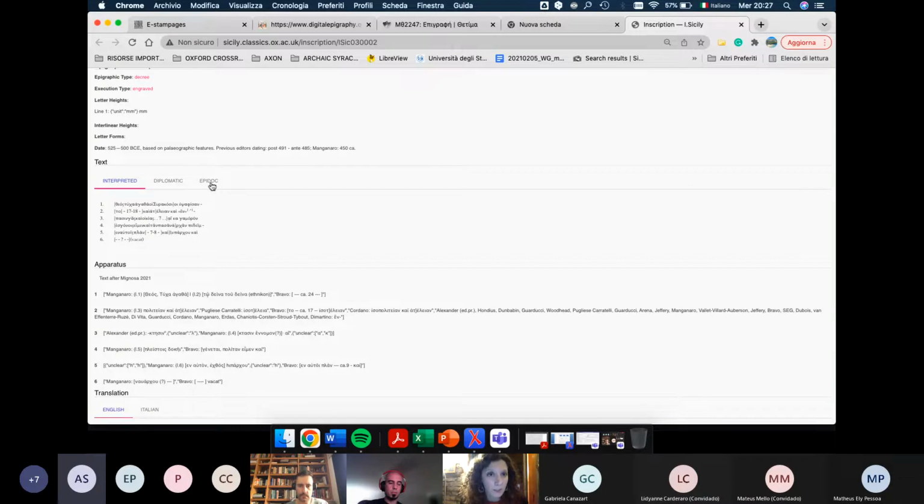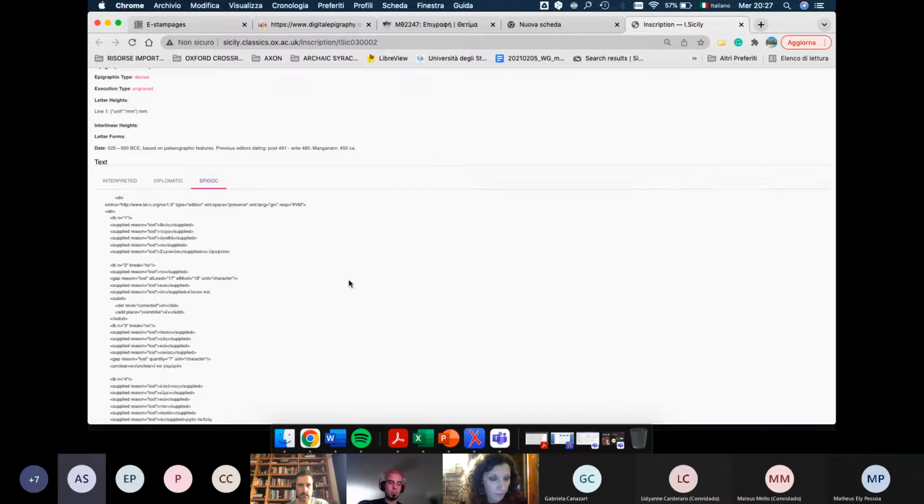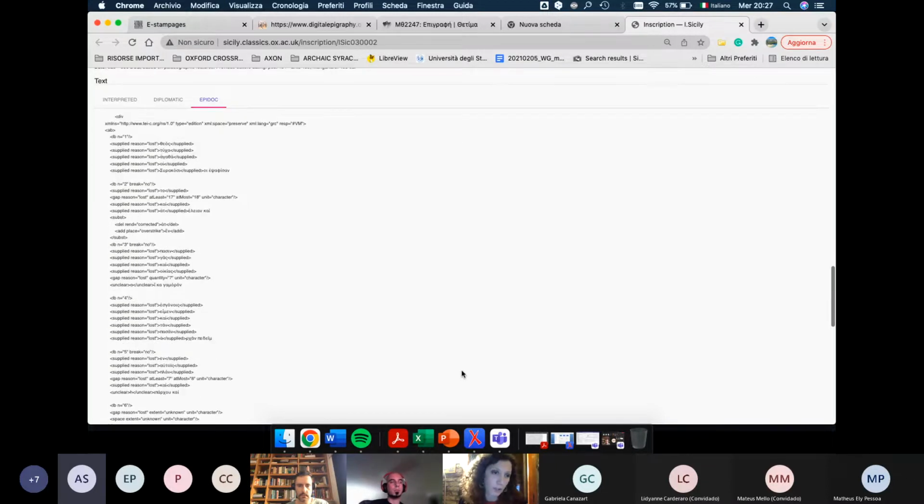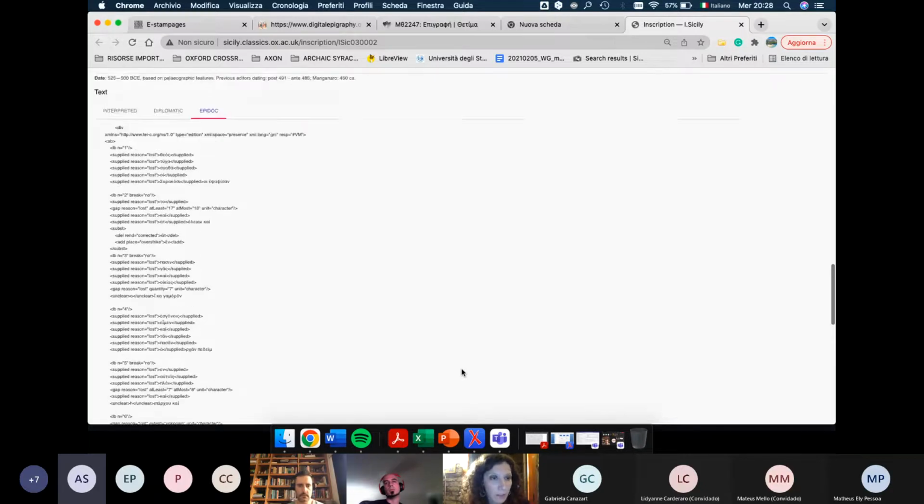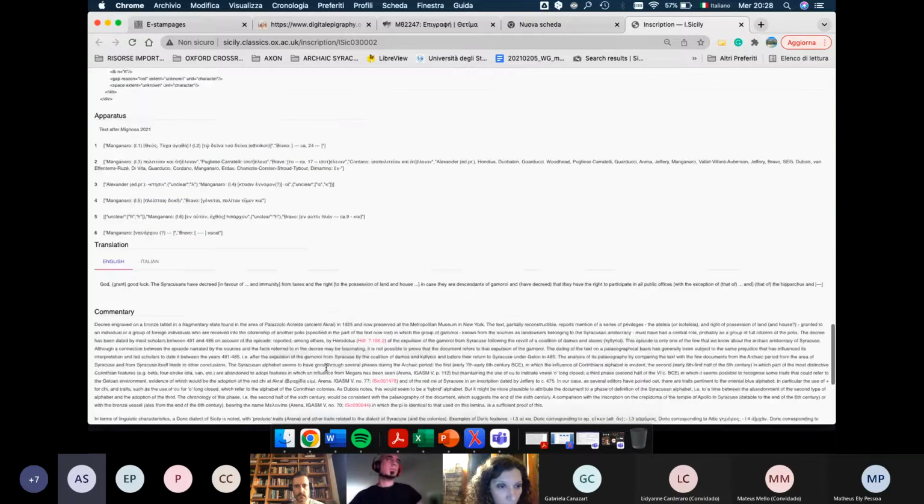It's called EpiDoc, and I would say it's basically just an XML language applied to an epigraphical record. So it's not so far from the structure of Axon or of a normal epigraphical record, even on paper.